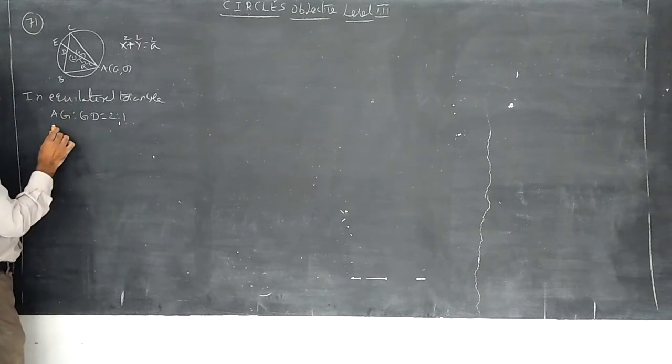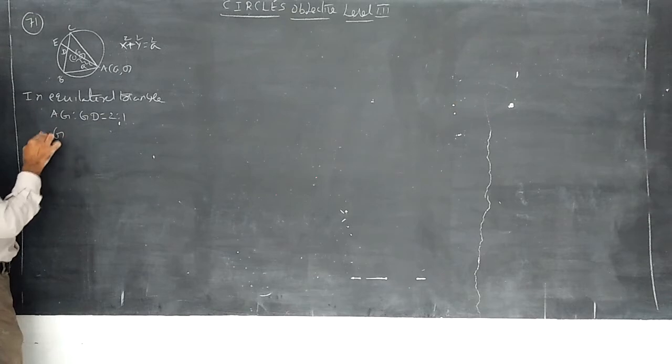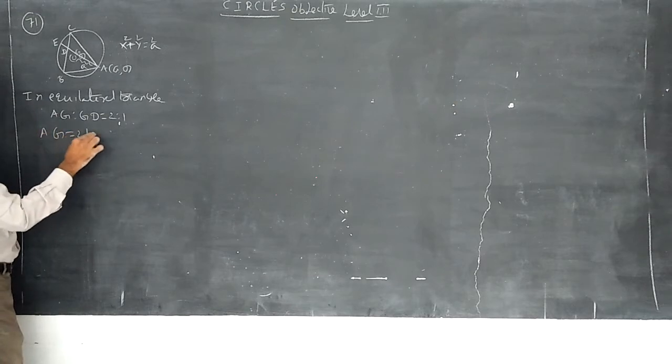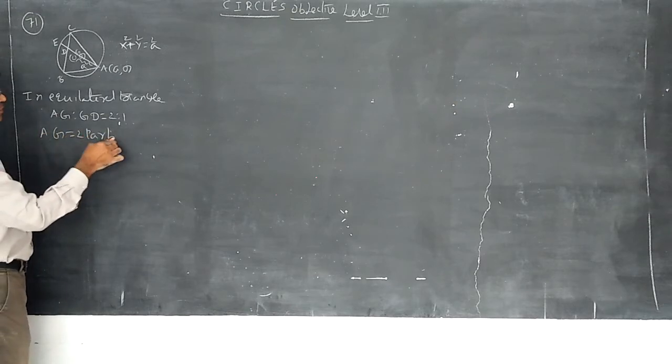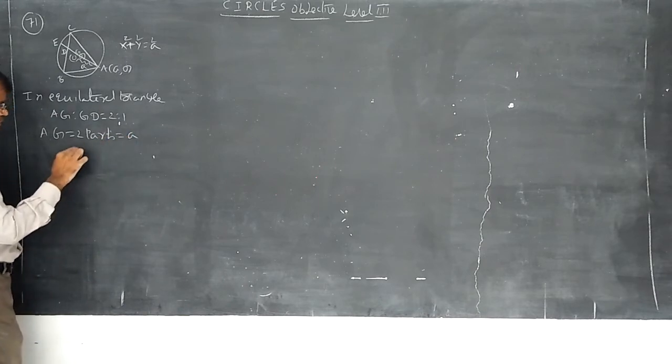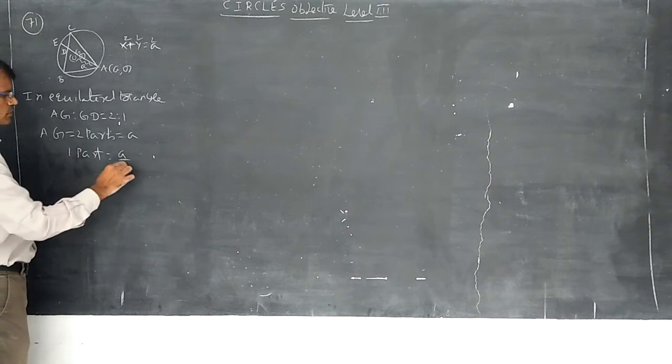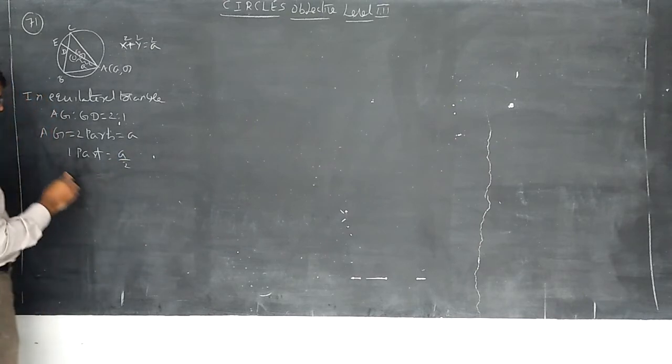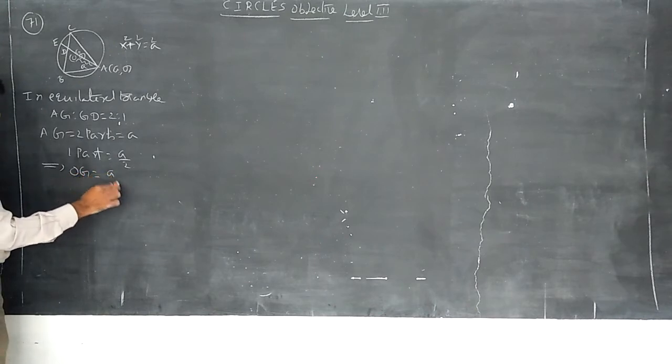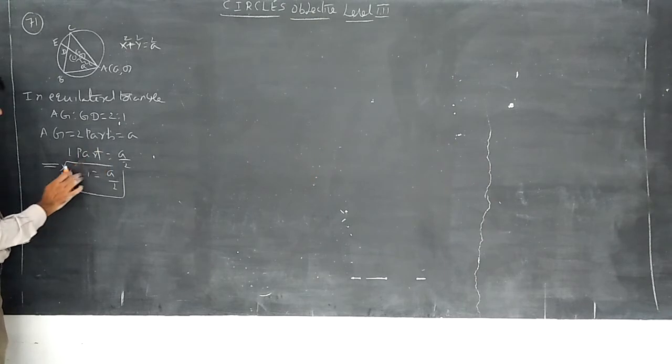From the center to any point on the surface is called the radius. Here we know that AG is equal to 2 parts, and 2 parts is equal to a. So what is 1 part? 1 part is equal to a by 2. That implies OG is equal to a by 2, and GD is equal to a by 2.